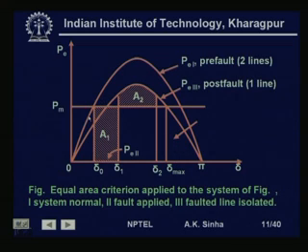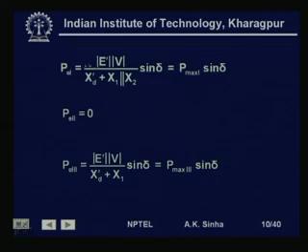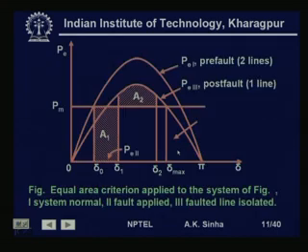The third one is when one of the lines is out, and that is given by this curve. So, we have here P max 1, which is pre-fault, this is during fault, and this is P max 3, which defines the post fault condition.